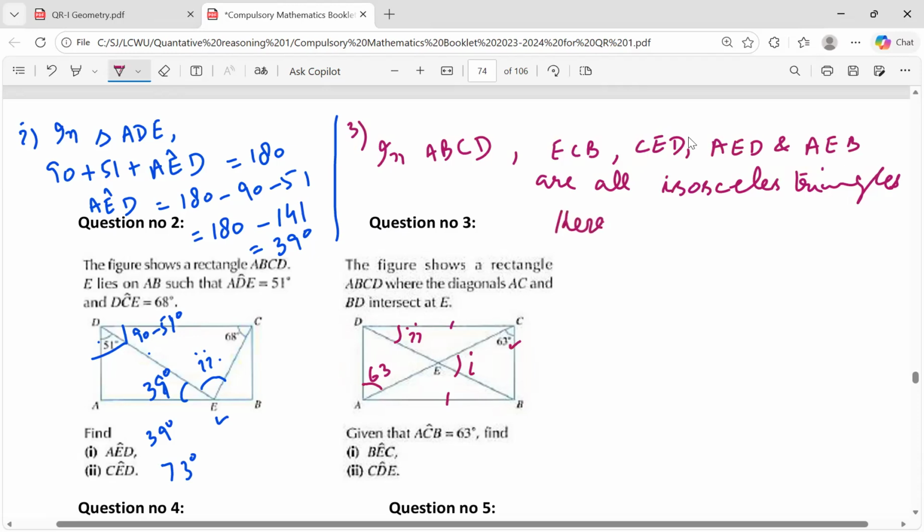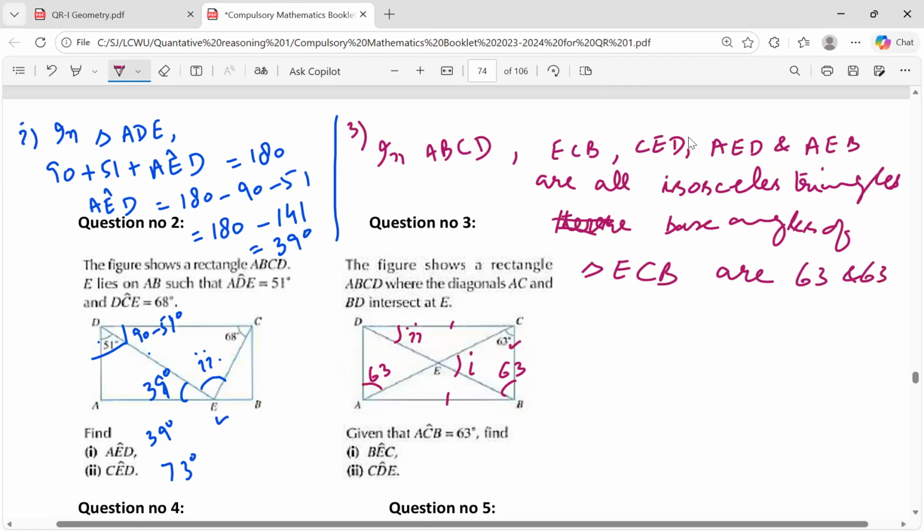Therefore, the base angles of triangle ECB are 63 and 63.